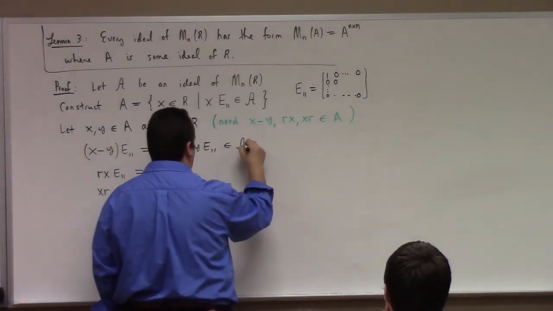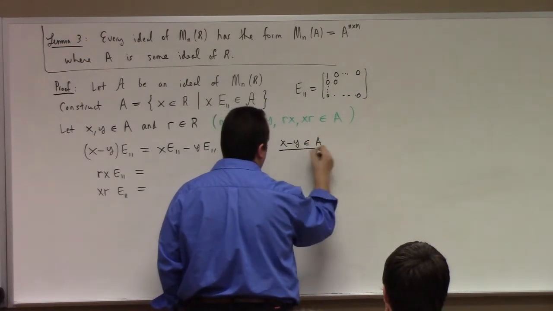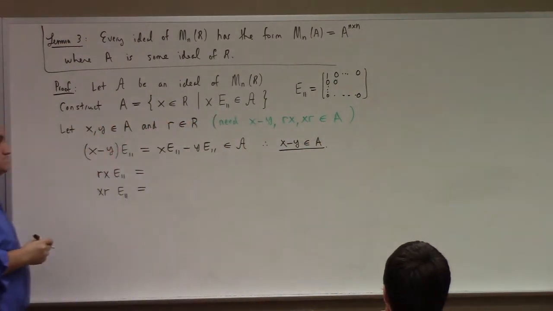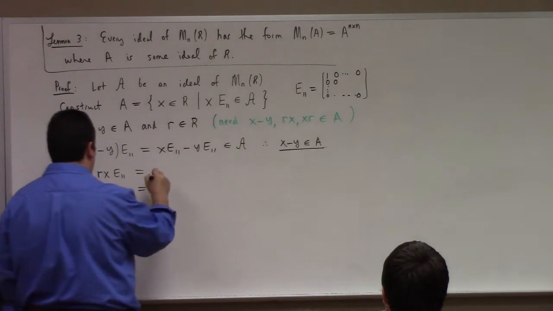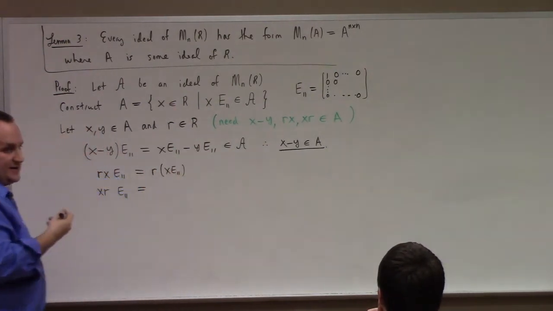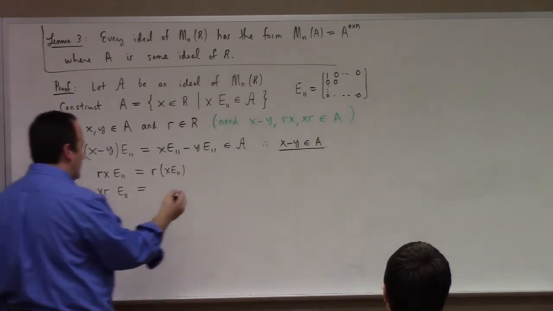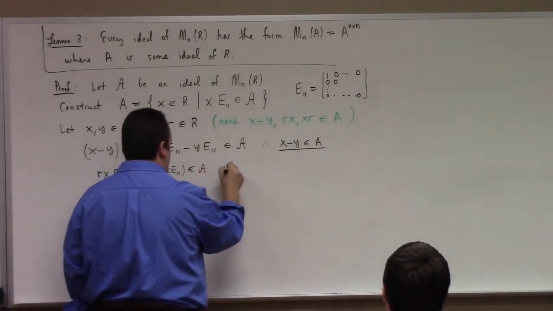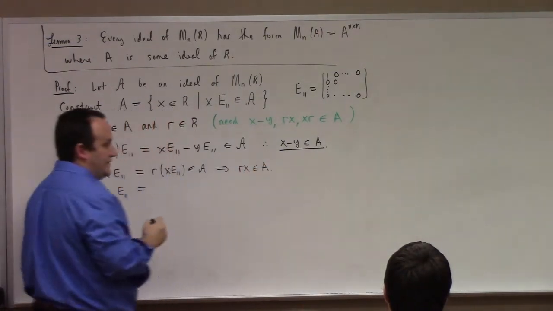So this is an element of script A. Therefore, x minus y is an element of A. How about the next one? R times x. This is R times xE11, which is to say that it's R times something in script A, but script A is an ideal. Therefore, this is also an element of script A, which shows me that Rx is an element of A.